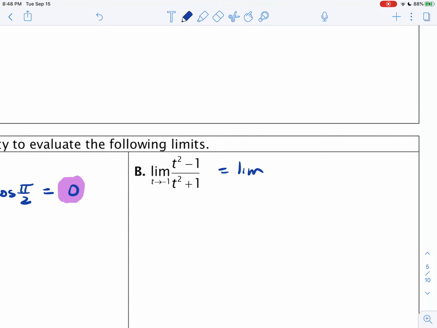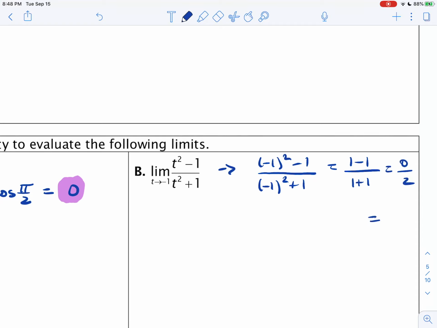Here, if I just go ahead and plug in my value, t equal to minus 1, into t squared minus 1 over t squared plus 1, this is going to go to minus 1 squared minus 1 over minus 1 squared plus 1. I get 1 minus 1 over 1 plus 1.